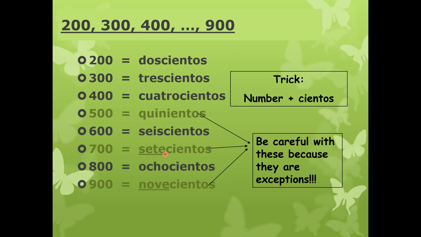You say setecientos. 800, and then we have 900, which is different than saying nueve cientos. Alright, so you guys are gonna have another 2 minutes right now to write this down, okay?